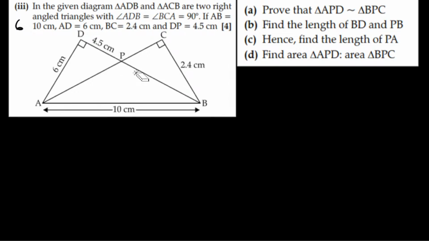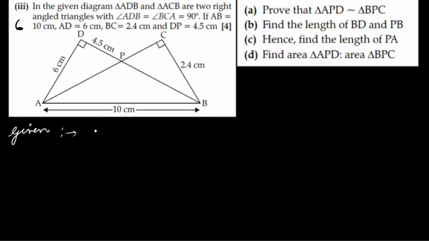We have to prove that triangle APD is similar to triangle BPC. Whenever you are doing a geometry question, as I have told you earlier, the first thing is to write the given things. Very important. So what is given to us?